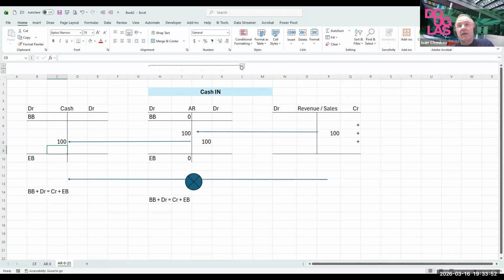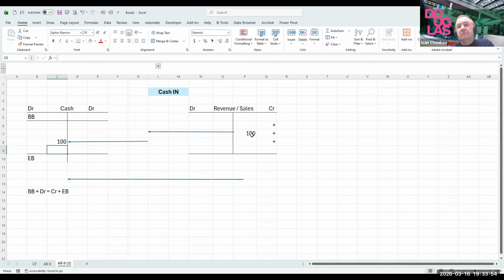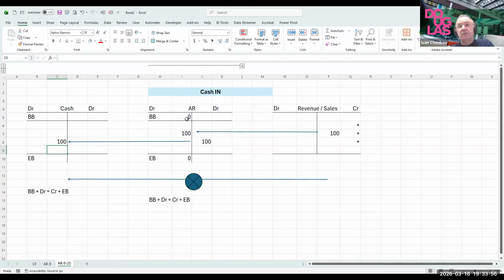That means I have collected my sales. If the beginning balance and the ending balance are equal, that means I collected my sales. Now, I know my sales are 100. My ending balance in accounts receivables now is 20. Did I collect my $100 sales?